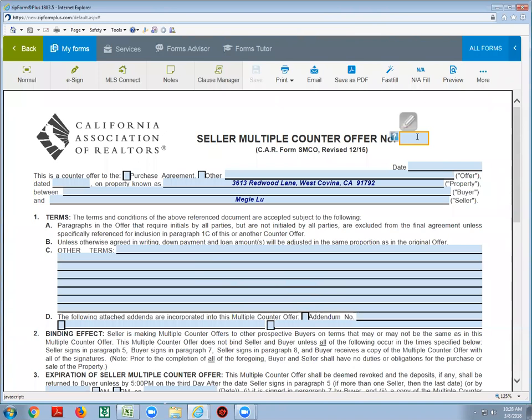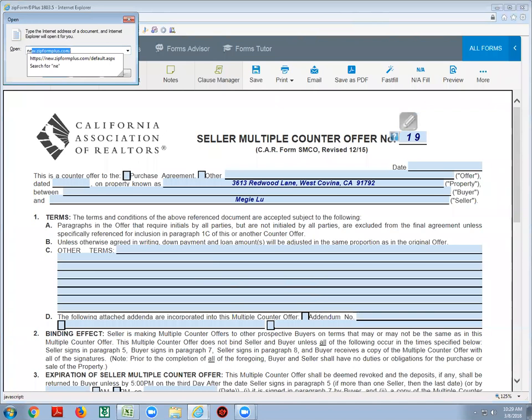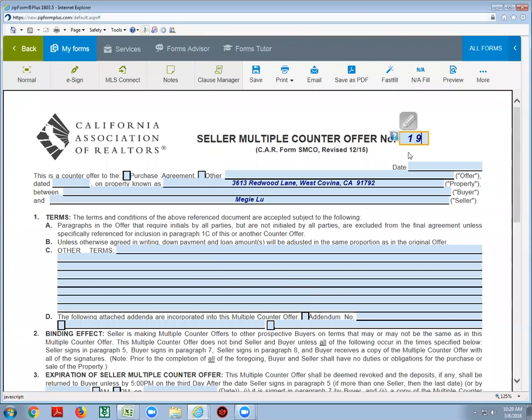And certainly here, you can print. For the seller multiple counter number 1, usually what I do is like this. Well, wait, sorry. They don't allow me to write in ink, so there will be no mistake. 1 is 1.